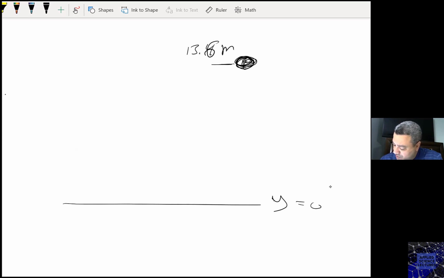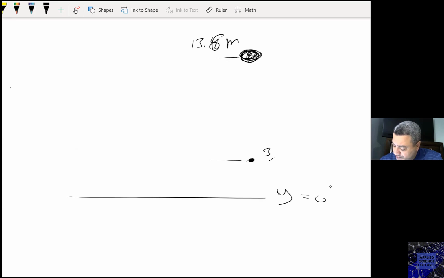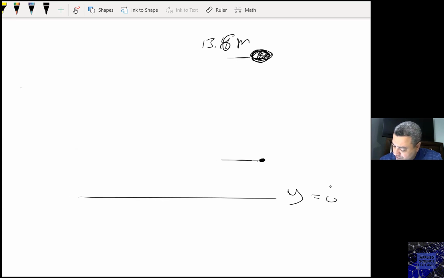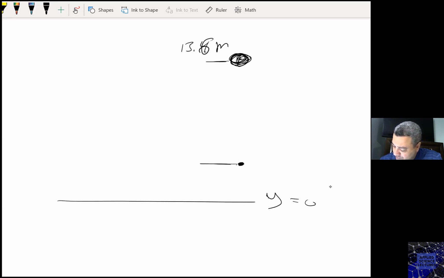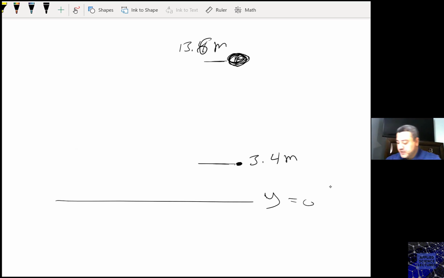I want to find the speed when he reaches this point, which is 3.4 meters. So we will be using the conservation of energy to solve for this problem.